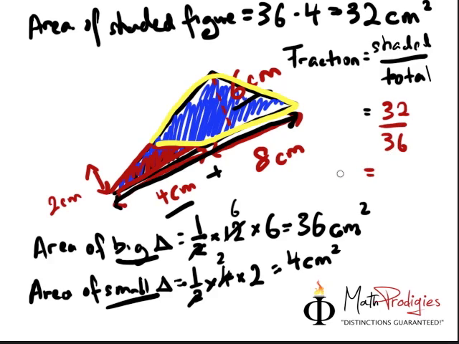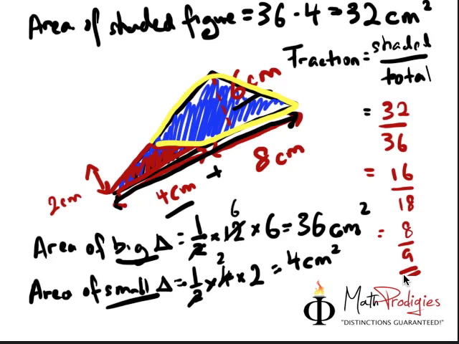Let's simplify it further. Can we divide it by 6? No. Can we divide by 2? Yes. So we get 16 over 18. Can we make it lesser? Divide by 2 again, you get 8 over 9. Can we divide it further? No, we can't. So the answer is 8 over 9 of the figure is actually shaded.